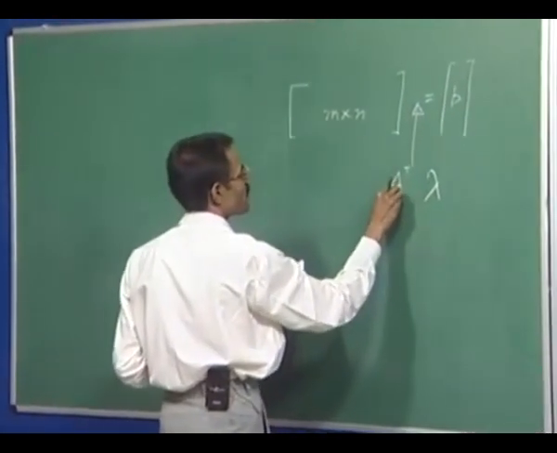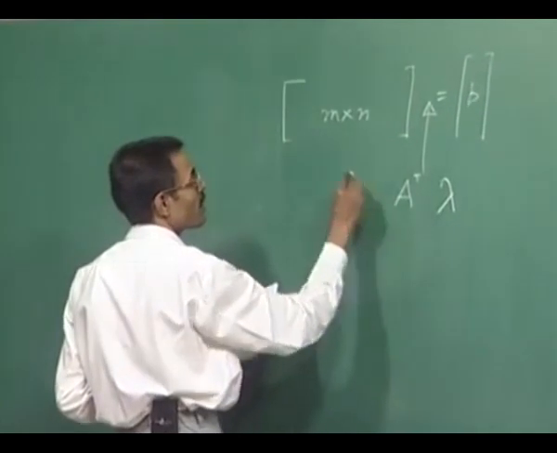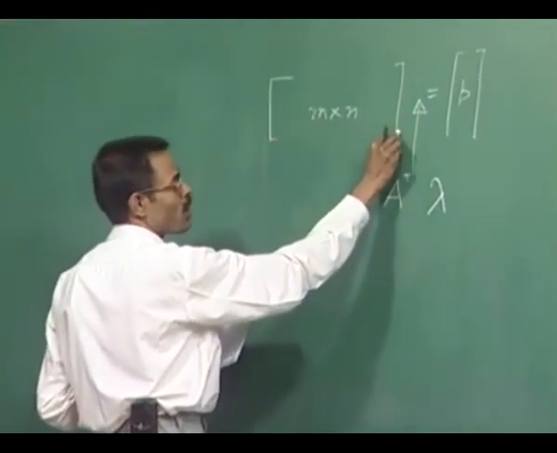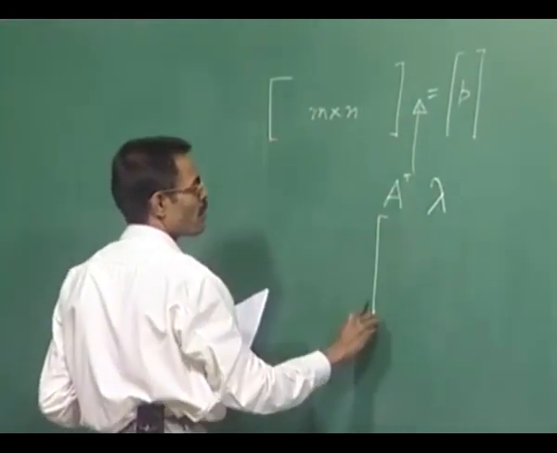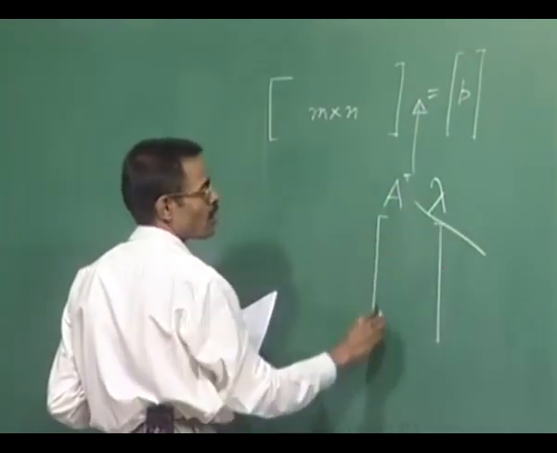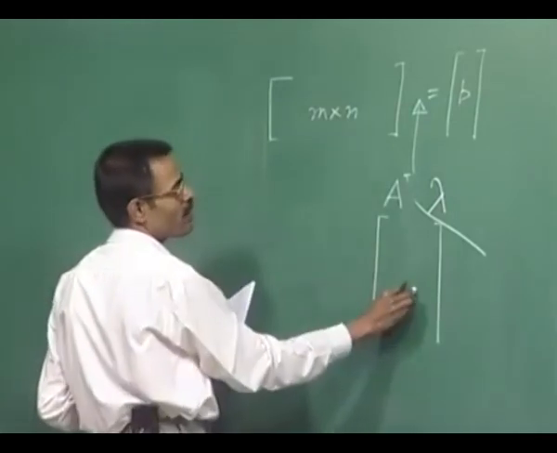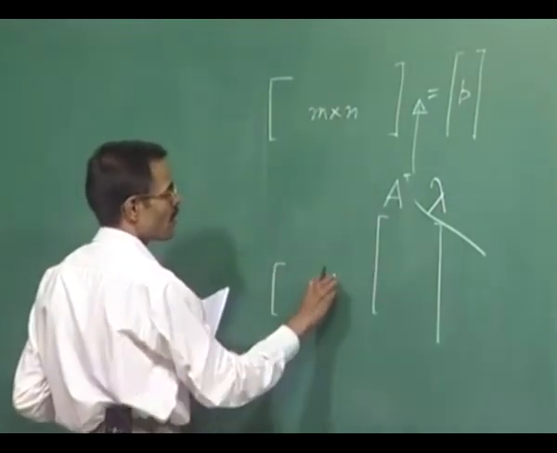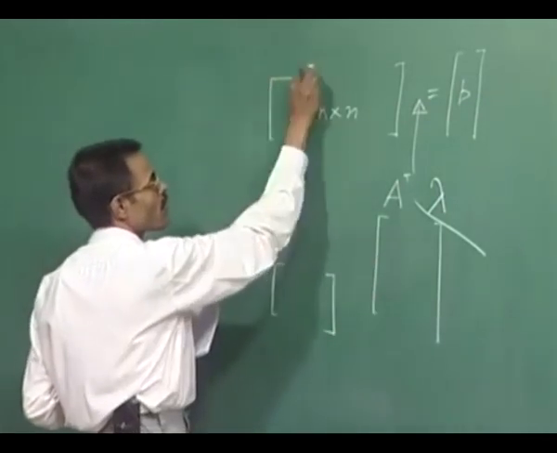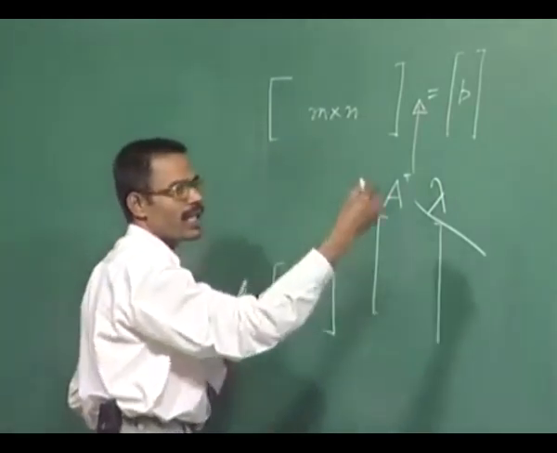And what is this A transpose? A transpose is the transpose of this matrix. That means the transpose of this short fat matrix will be a long tall thin matrix, and the product A A transpose will be a small square matrix, which is m by m.